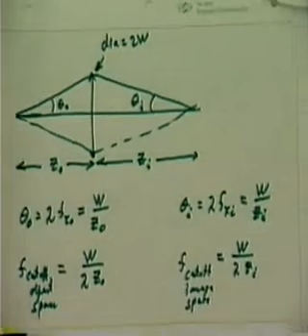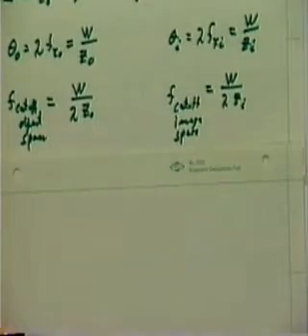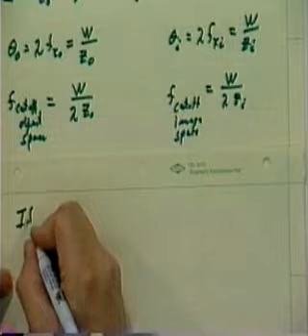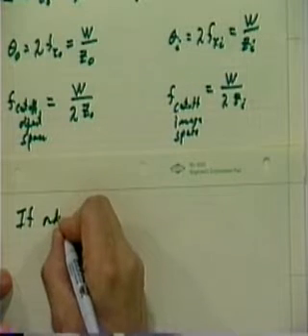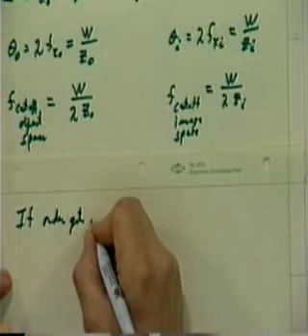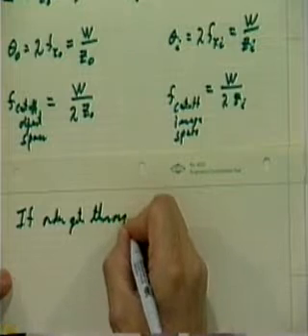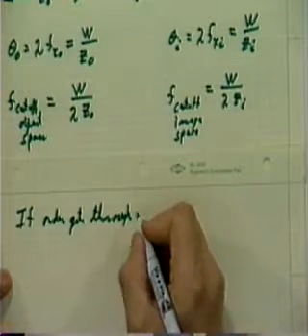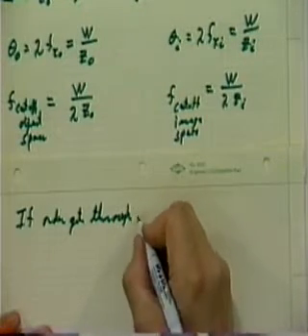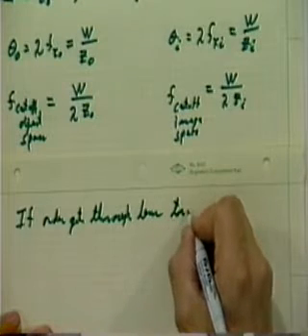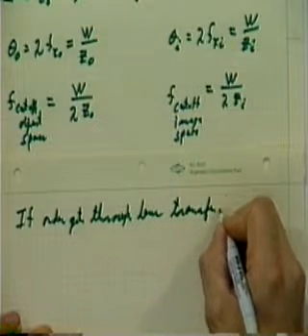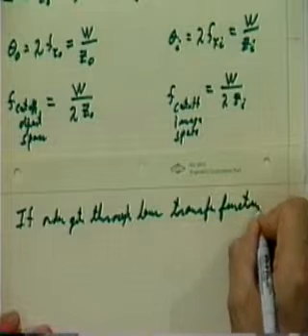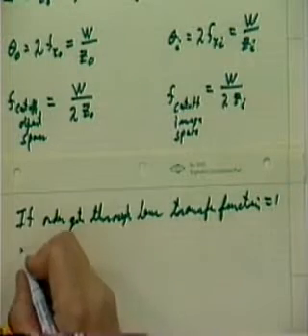Maybe I should write that down. If order gets through the lens, transfer function equals 1.